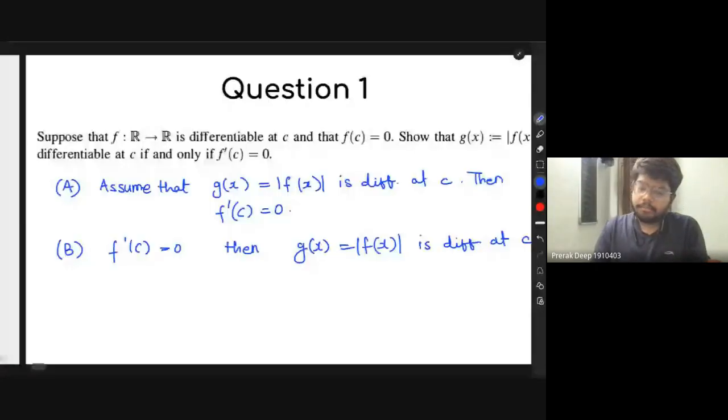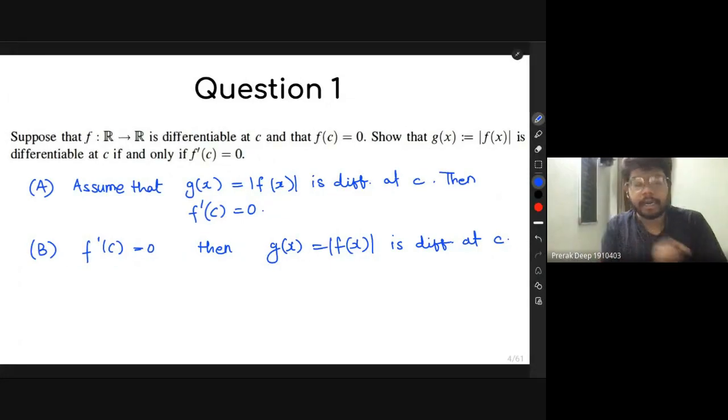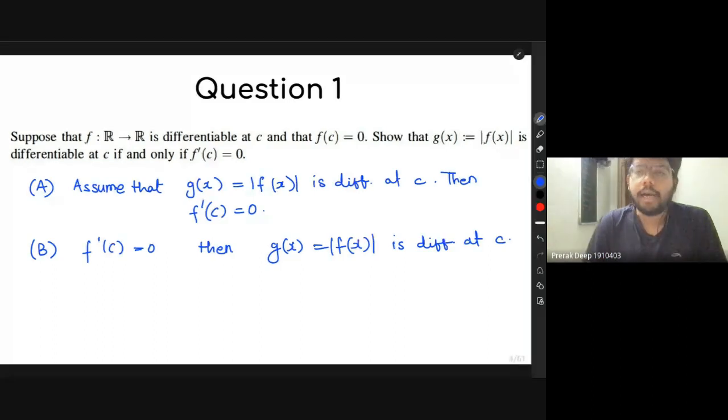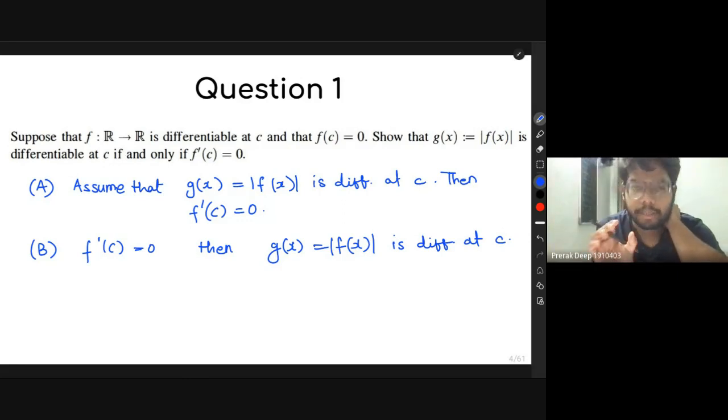It's not the explicit proof you might be looking for, but it is an intuitive proof of how the understanding of the graph of a function and the understanding of the derivative as a slope helps you solve such questions, because differentiability and continuity are both local phenomena. Local phenomena means you only need to understand the behavior of the function in a small enough neighborhood of the point. That's what we have done in these cases.